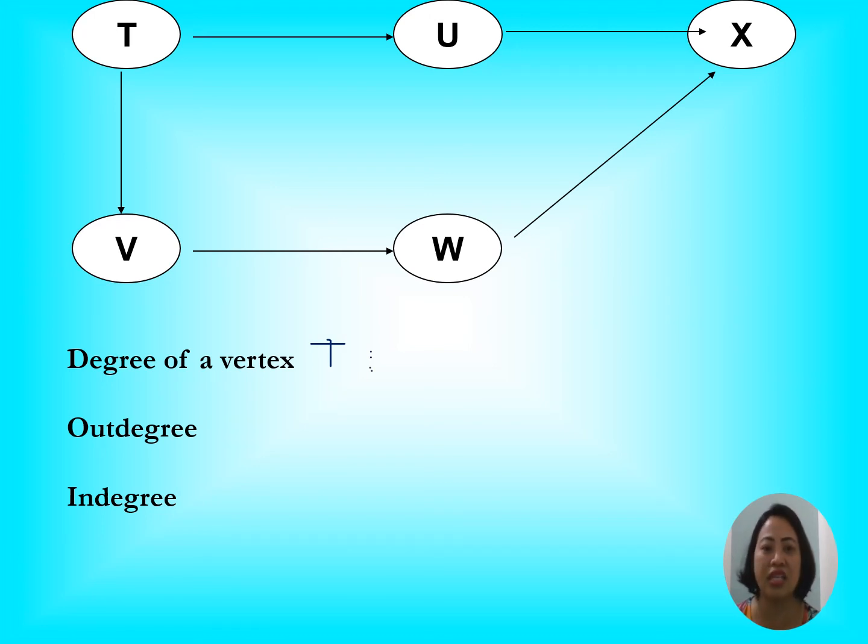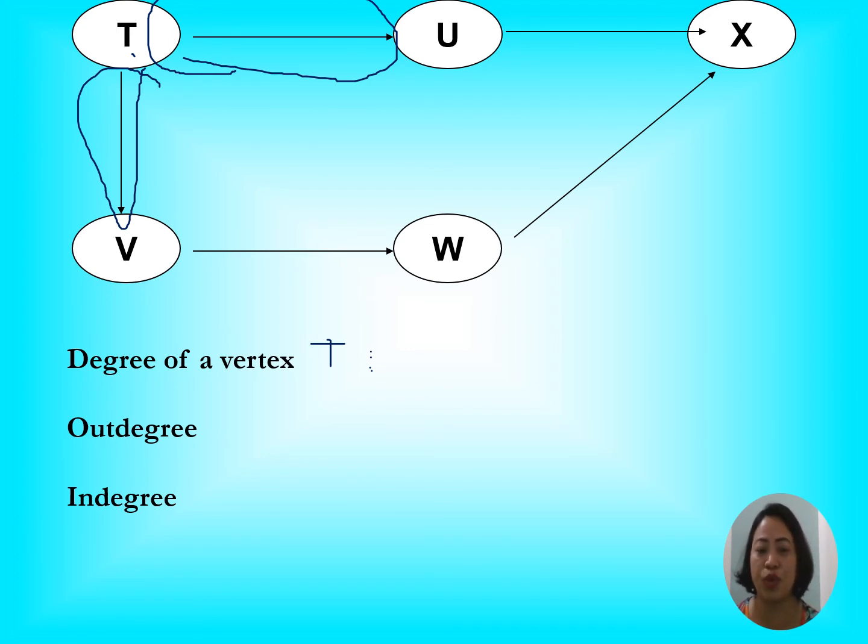All the lines that are connected to T, either leaving or entering the vertex. This one is an edge leaving the vertex, and this one is another edge leaving the vertex. So we have two edges attached to that vertex.